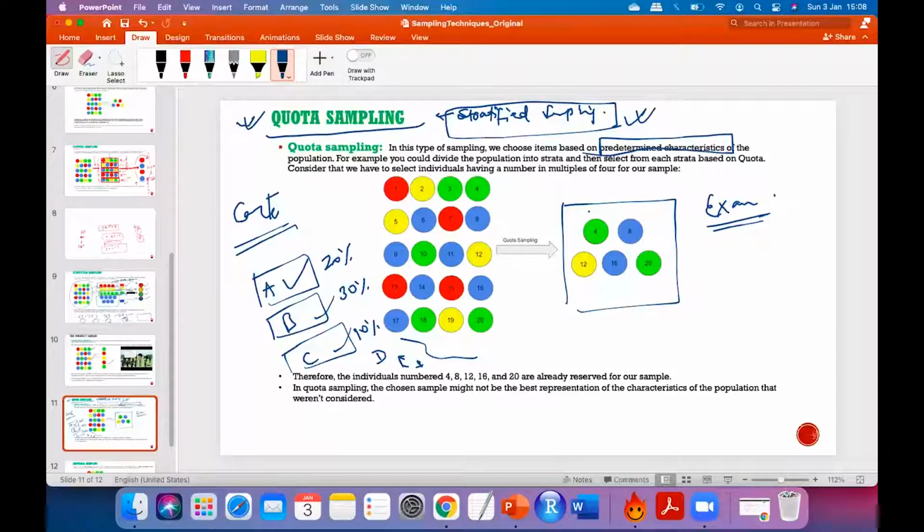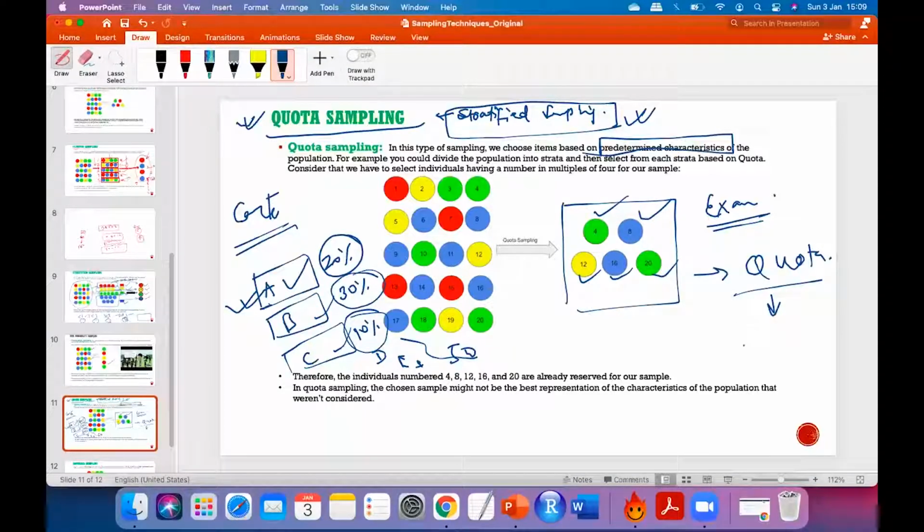So based on that determined characteristic, let's say category A has to be a representation of 20% in our sample, another 30%, another 10%, and the rest, 50%, belongs to all other categories. So based on that, if I select, then I can say that the individual points in our data set belong to my quota. We will call it quota, or reserved. Yes or no?